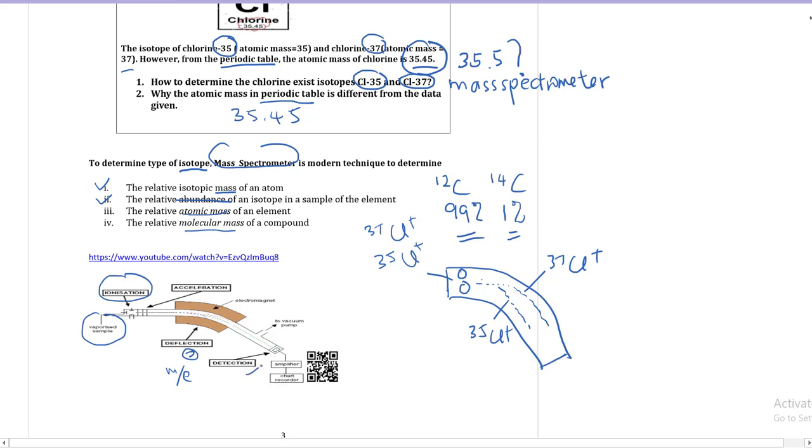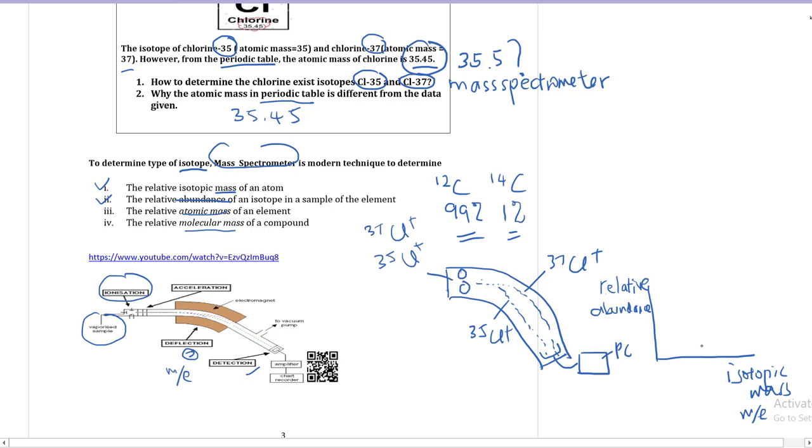Then this is the detector. After detection, the PC will record 2 pieces of data. The first one is relative abundance. The second one is isotopic mass, or mass over charge.